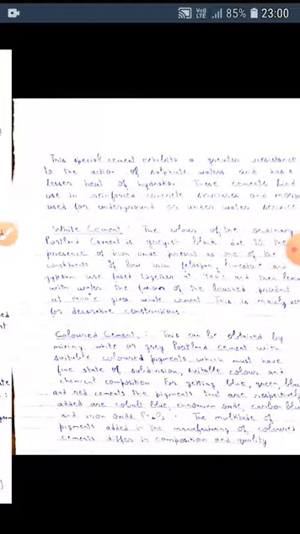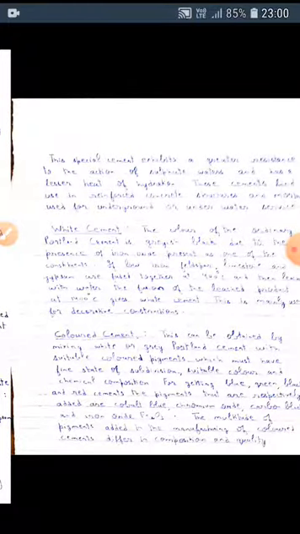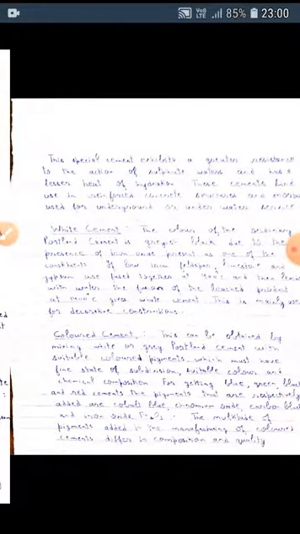White cement. The color of the ordinary Portland cement is grayish black due to the presence of iron oxide present as one of the constituents. If iron oxide can be avoided or removed by suitable selection of raw materials, it is even possible to get white cement.